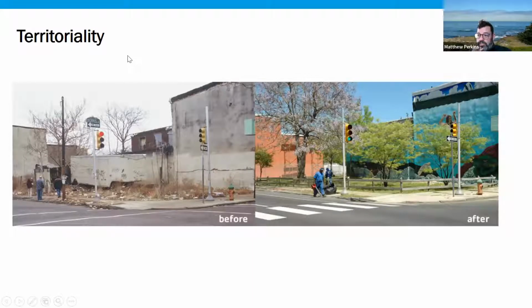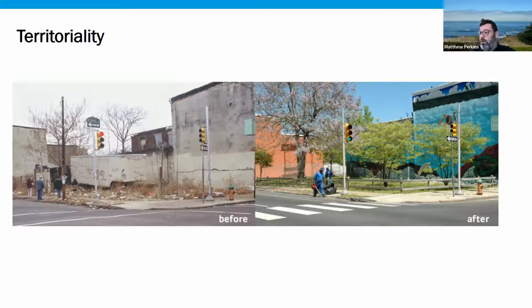Territoriality, being able to express that somebody is in charge of a neighborhood. This picture is from Philadelphia, represents the work of the Pennsylvania Horticultural Society. There is a long time gap between these pictures, but what you see is an abandoned lot that had a lot of litter on it. And the Pennsylvania Horticultural Society has a program where they clean and green lots and put up ornamental fencing.